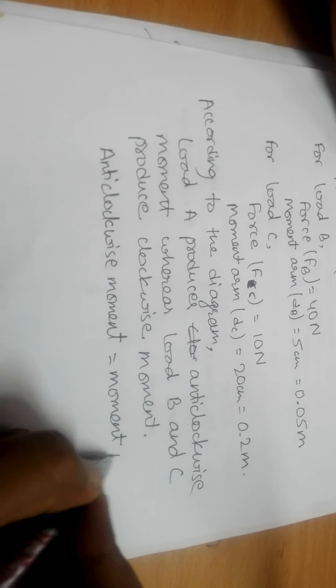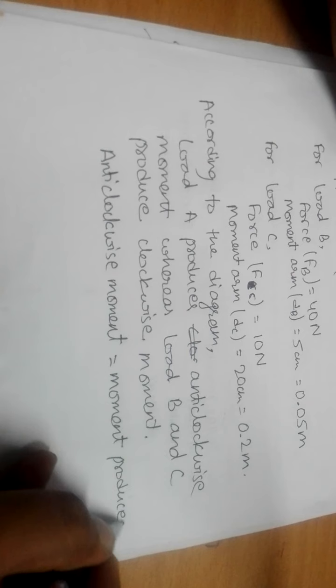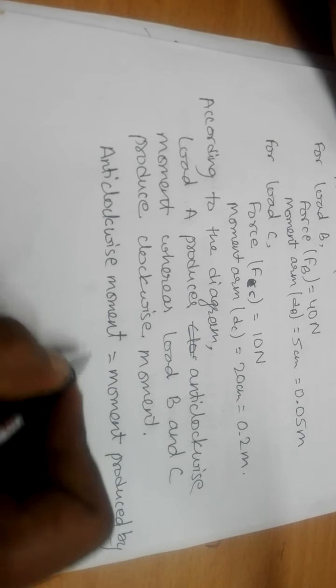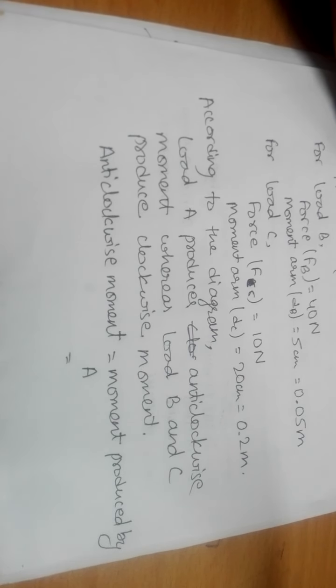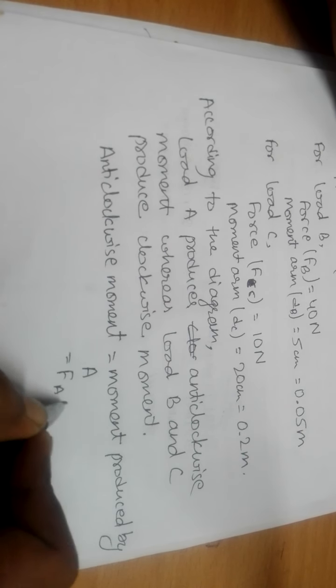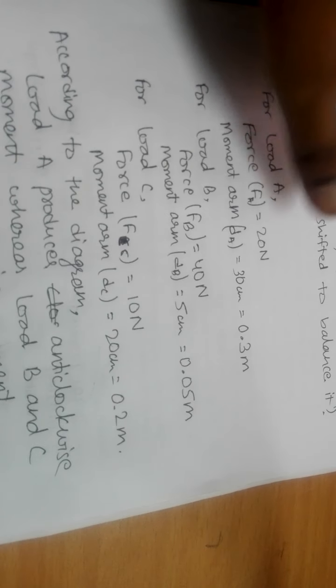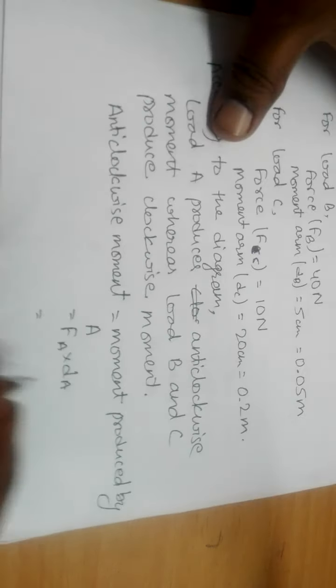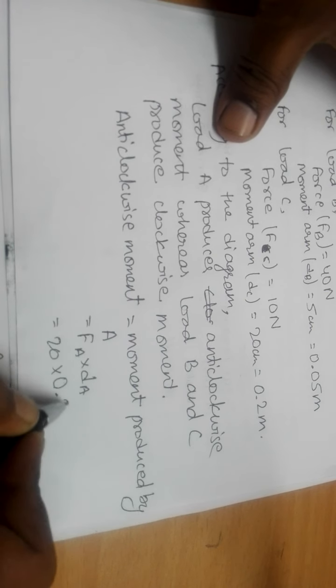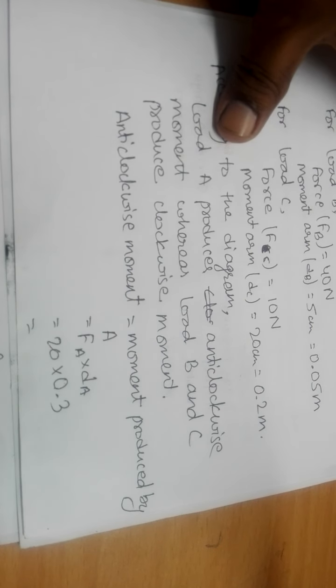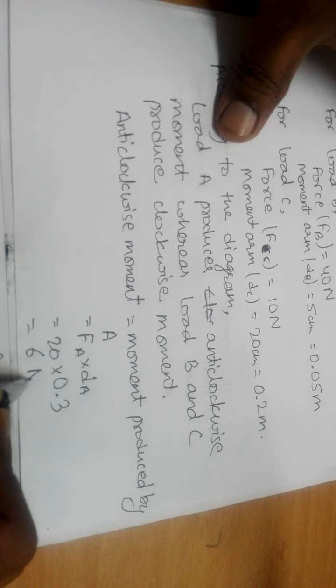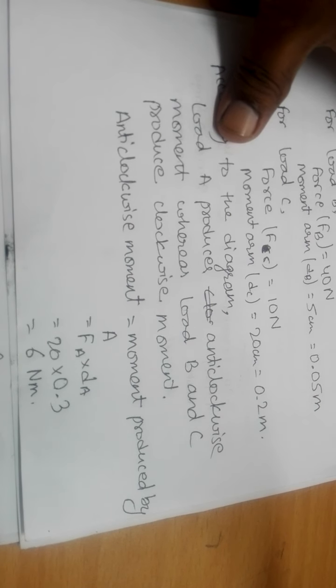Moment produced by A, you know the formula of moment is force into moment arm. That means FA into DA, and that would be FA how much? 20, and DA 0.3. 20 into 0.3 shall give you 6 Newton meter.